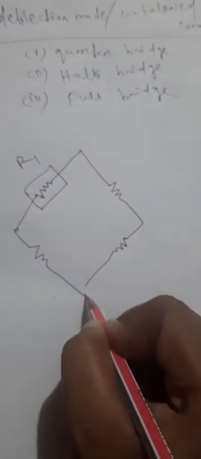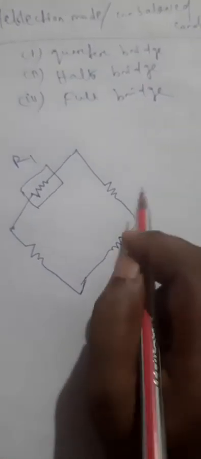In the case of quarter bridge condition, we use only one strain gauge. So this is the strain gauge resistance and the others are the Wheatstone bridge resistances.